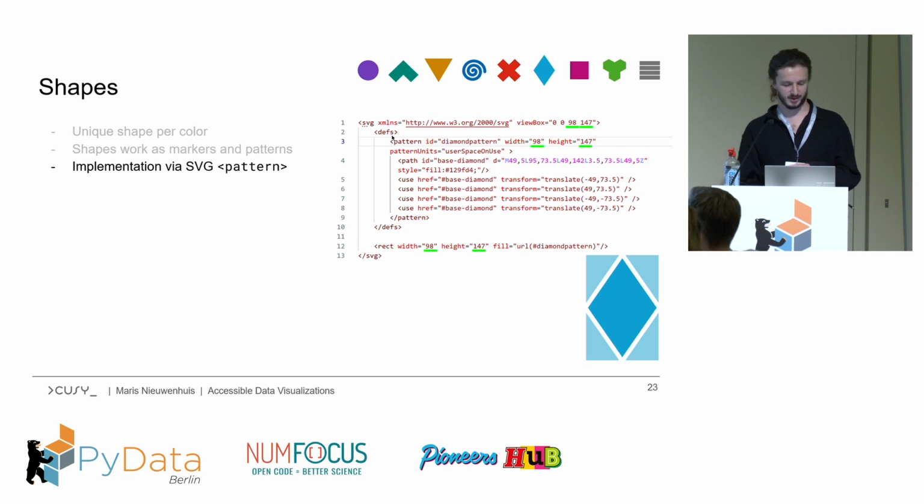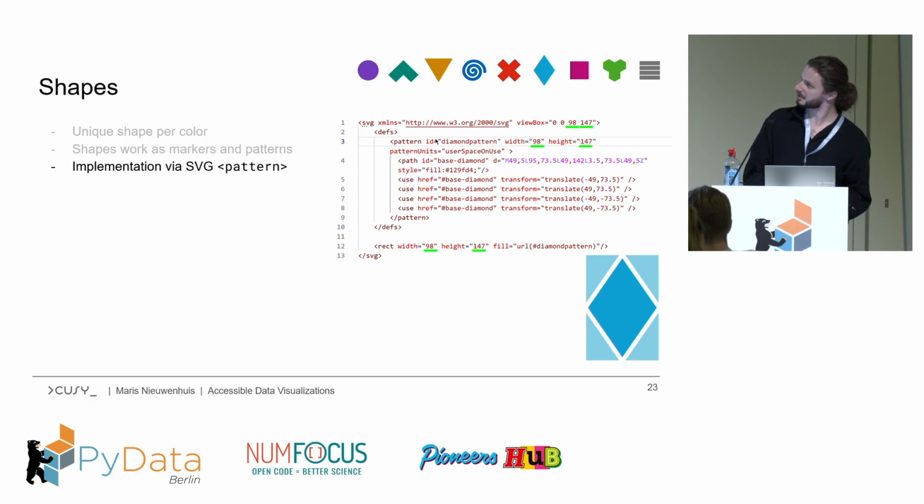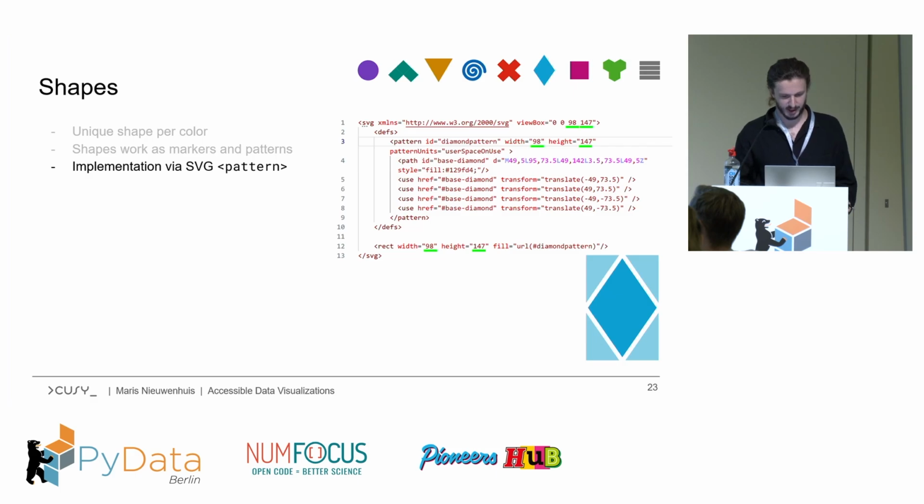Stuff you put in there won't directly show in the graphic. And in that I defined, so confusing, a pattern with an ID. The pattern has a width and a height, and the width and the height will be one tile.